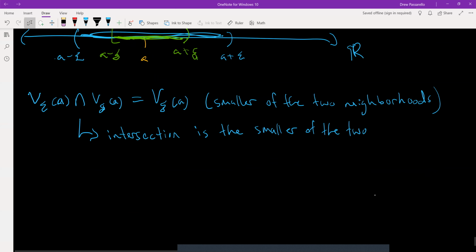Now, as far as what we let gamma be in this case, we can use our gamma neighborhood to be the same as the delta neighborhood.